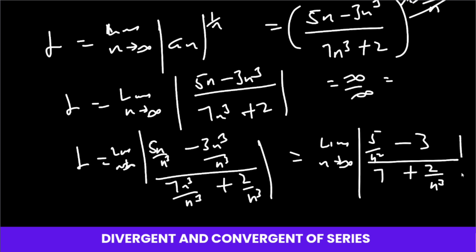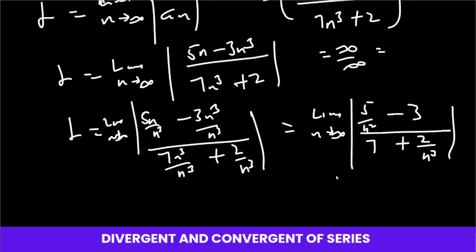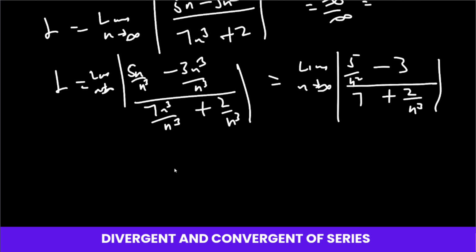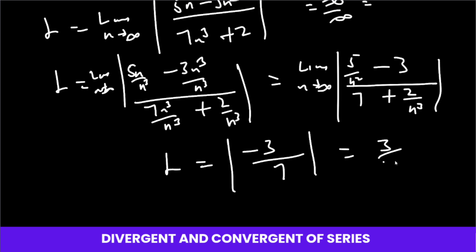At this point, we put in infinity here. 5 over infinity will give us 0, so this will give us the absolute value of minus 3 over, this will also give us 0, over 7. The absolute form of this is the same as 3 on 7.